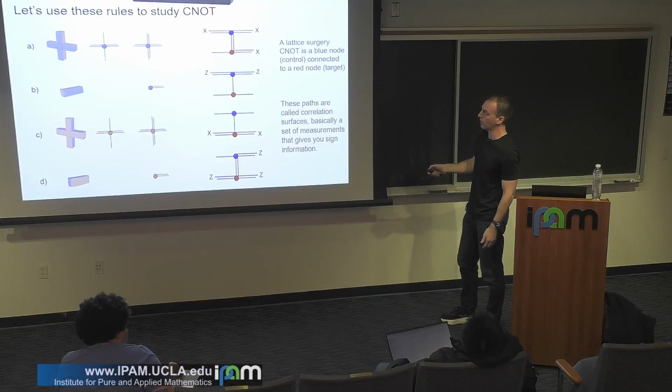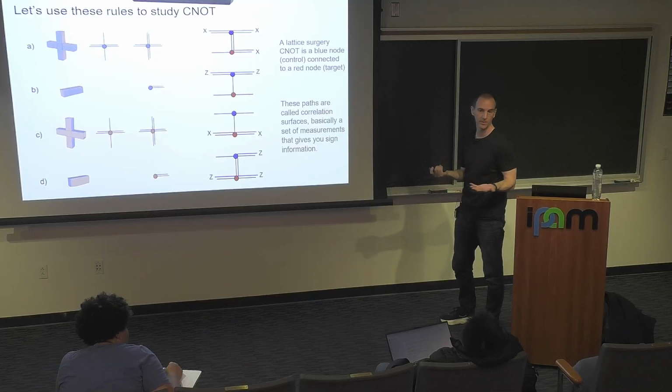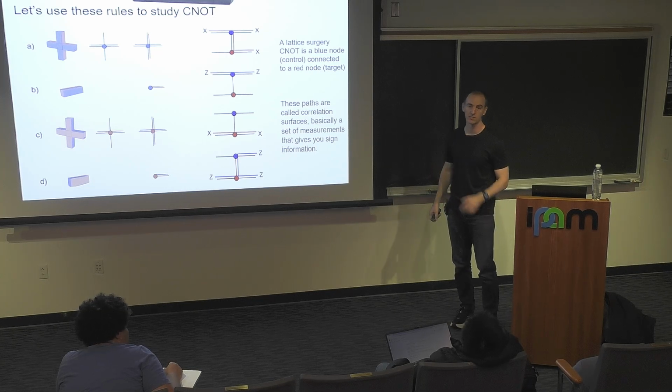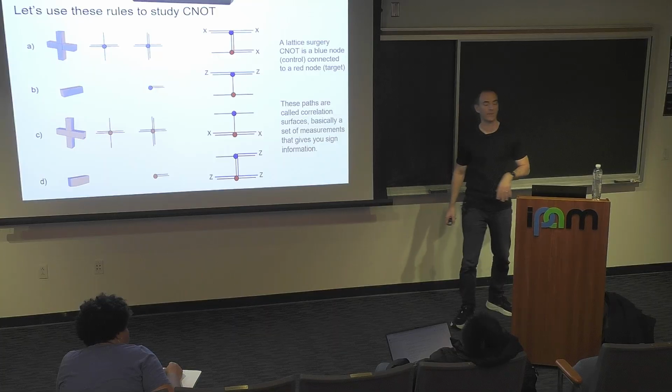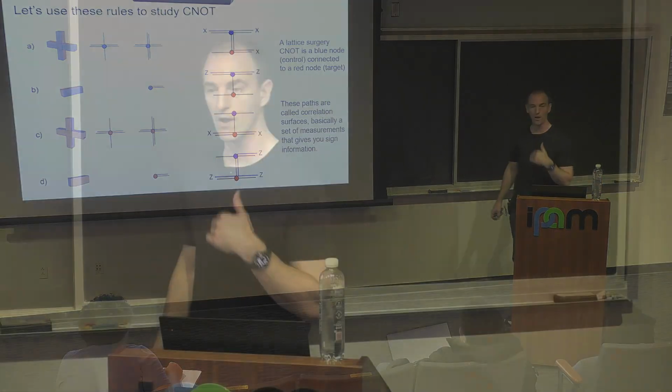Or I could look at these two as inputs and these two as outputs, and it would be CNOT the other way, because it's symmetric. Or I could look at any two of one down the bottom and one at the top as my inputs. These two could be my inputs, and these two could be my outputs. So there's a lot of flexibility. The fundamental thing are these correlation surfaces. How you use them is very largely up to you.